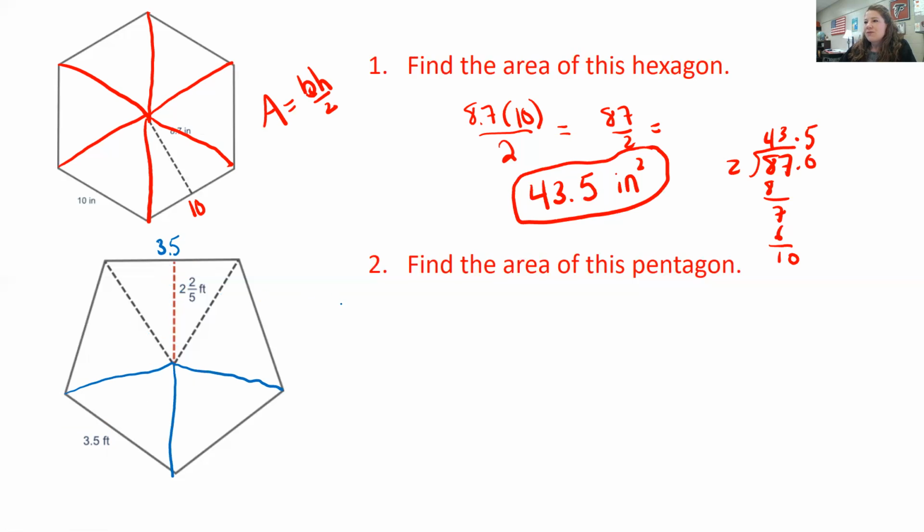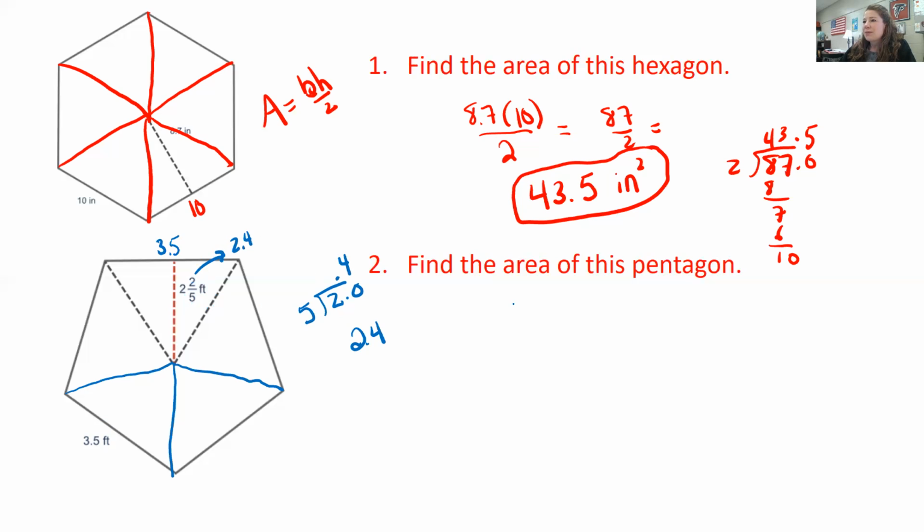So I'm going to turn 2/5 into a decimal. 5 won't go into 2, so you add a decimal and a 0. Well, 5 goes into 24 times, right? So 2 and 2/5 is the same thing as 2.4.